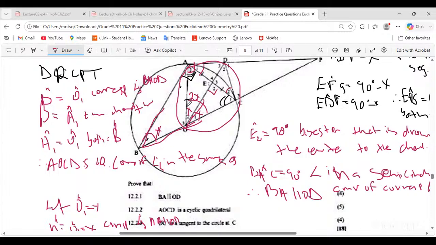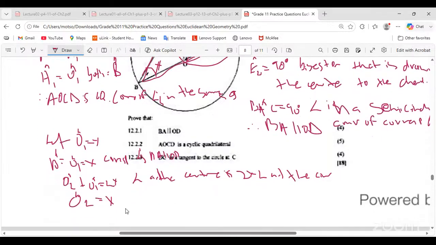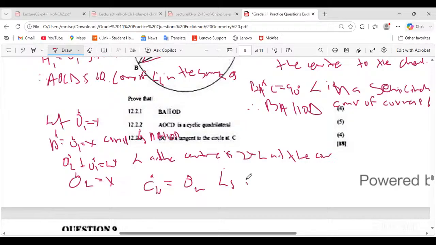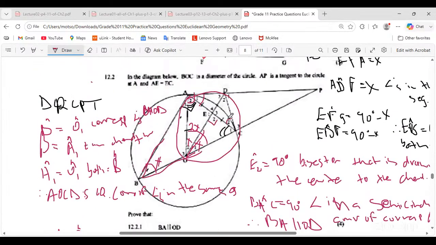This angle will be equal to that angle. We're saying C2 is equal to O2, angles in the same segment. Now, we have proved that this is also x.